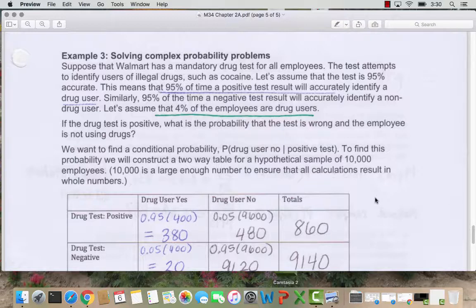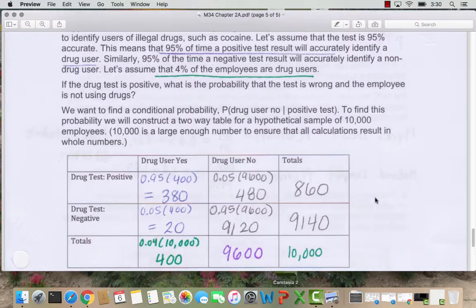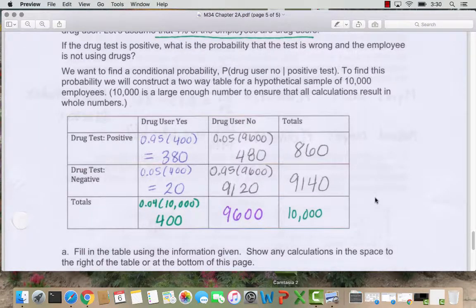Let's assume that 4% of the employees are drug users. So we want to fill in this table, and we're told to use a hypothetical sample of 10,000 employees. And one reason we choose 10,000 is that's a large enough number to ensure that the calculations are whole numbers, so we're not in messy decimals. So the very first value I filled in the table is a 10,000 because I know that's the total.